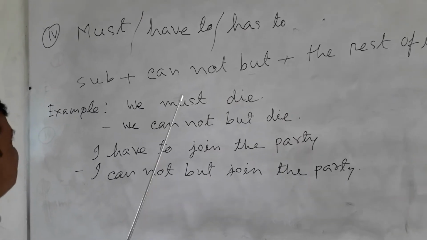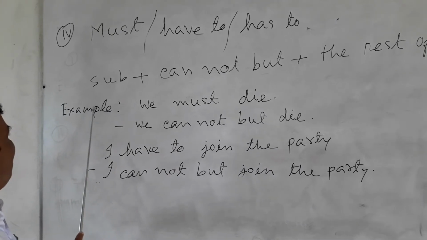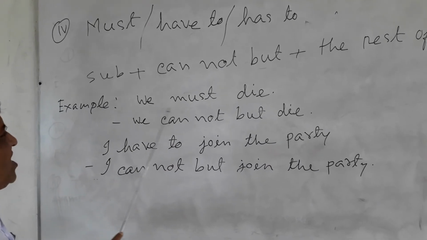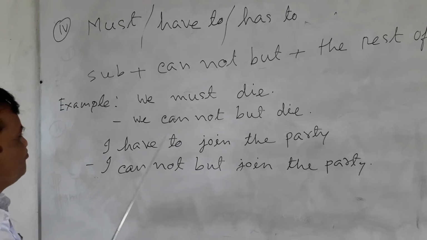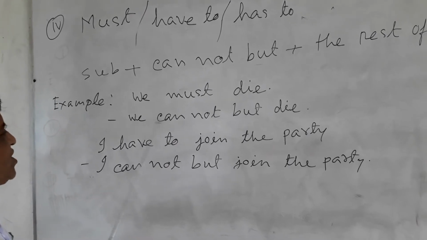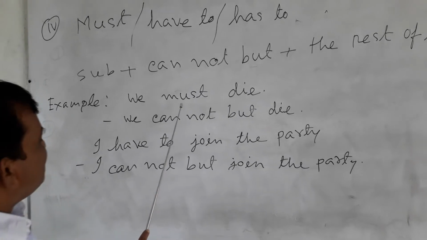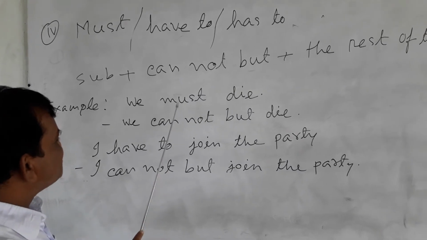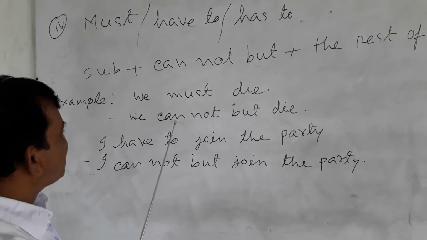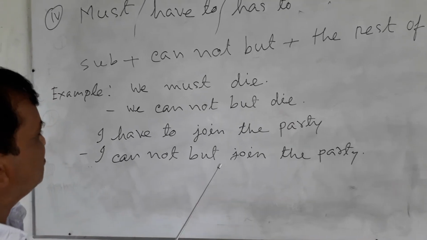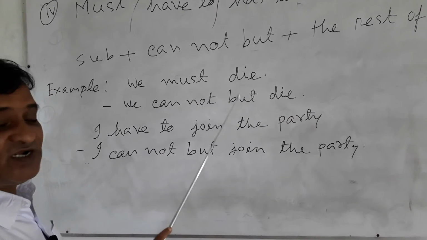Example: We must die. The answer: We cannot but die. Here in place of must we use cannot but.